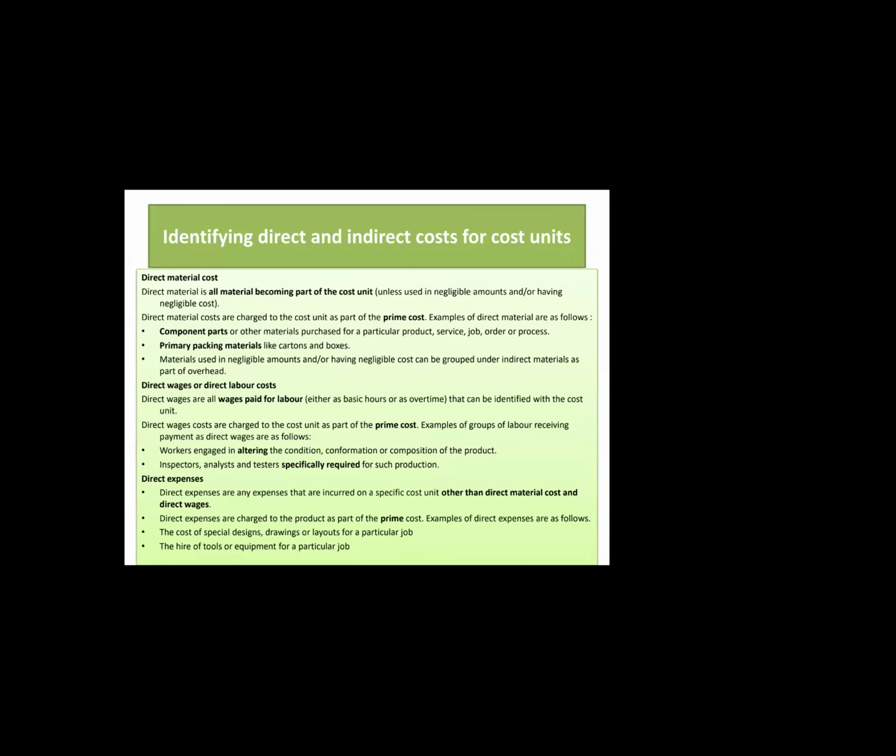The first slide is identifying direct and indirect cost for cost units. The write-up is showing a little small because a number of lines are copied in this slide. Can you read these lines or sentences?